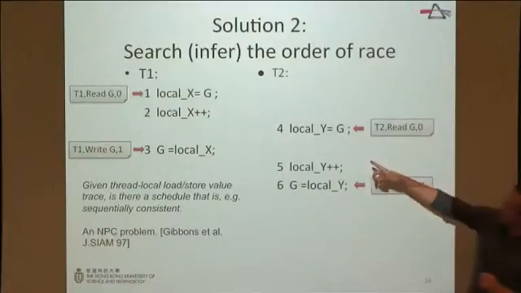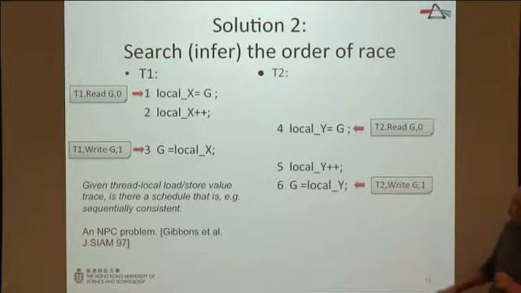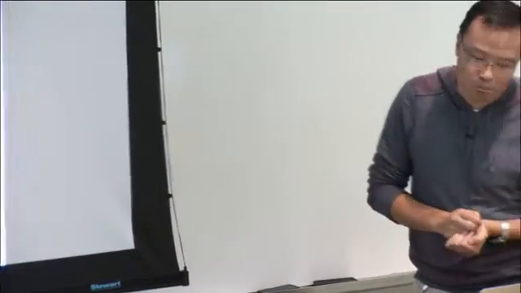From these values, we can reason that the first statement of T1 cannot happen after the last statement of T2, because the value is 0. Otherwise, the value would be 1. Right? So it's a very simple example to illustrate that it's possible for us to find a schedule given the thread local load and store values just by searching. Right? So we just make sure we find a schedule that is correct, for example, sequentially consistent.